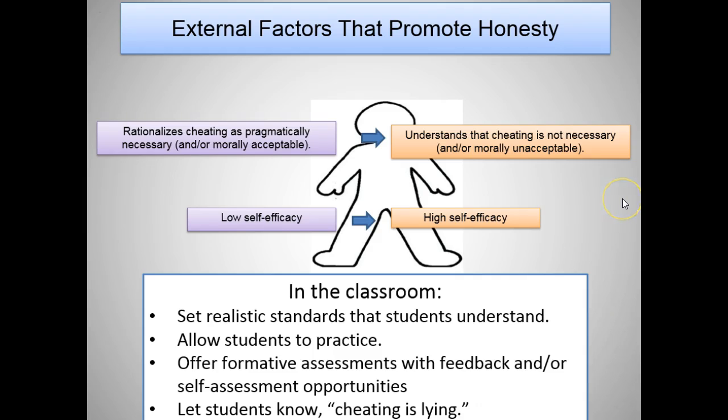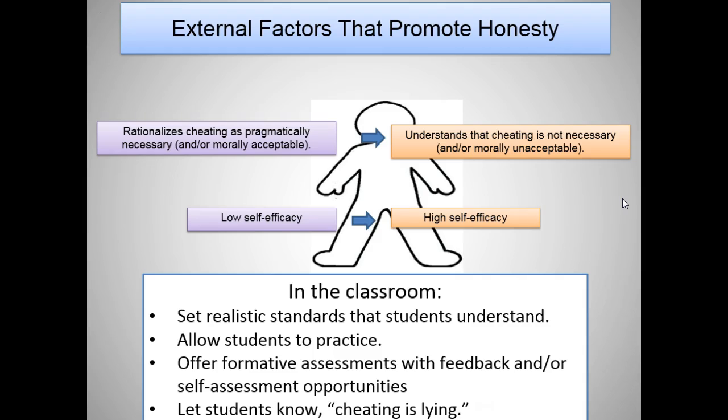If you allow them to practice with practice exams, with drafts, with looking at samples, homework that's reflective, quizzing to mastery, let them practice. That helps them with self-efficacy, with metacognition, and it definitely helps them figure out that they don't need to cheat because they can do the work.